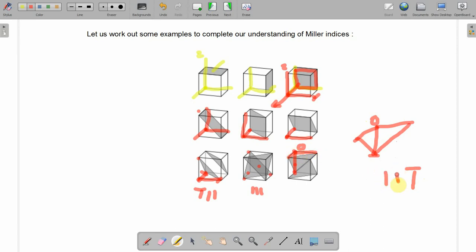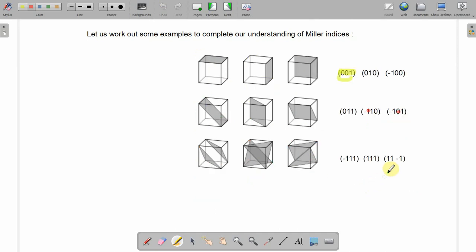So, 1 1 1 bar is the indexing for this plane. You just verify here 1 1 1 bar. So, this way one can index all the planes very easily by using this kind of a method.